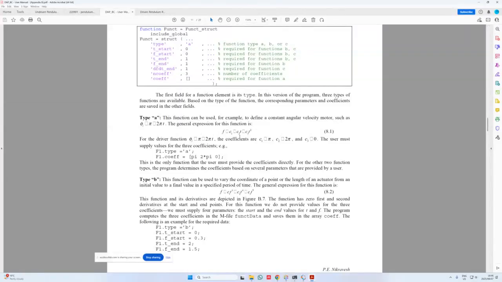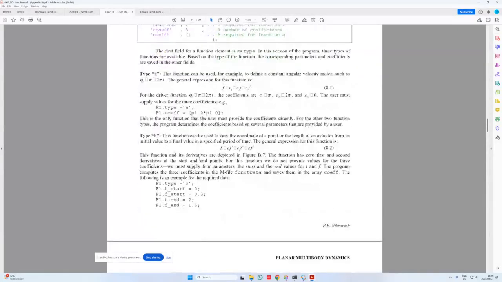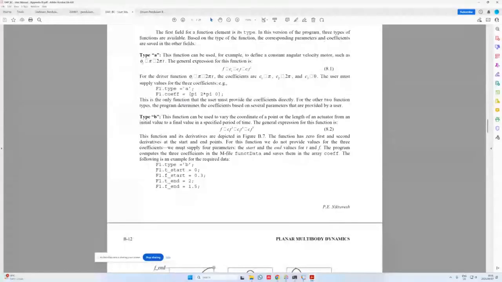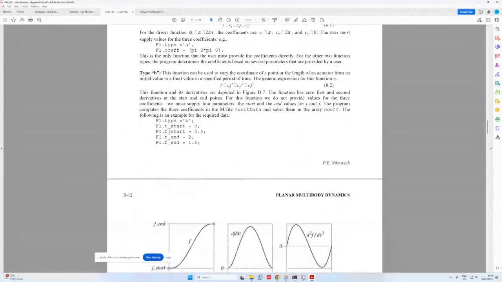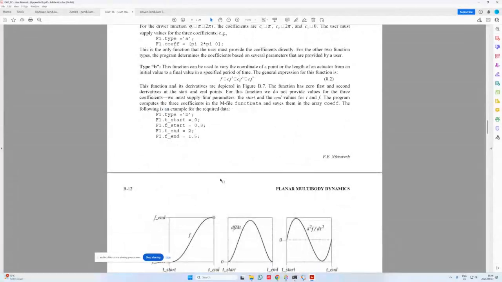So for type A, I have f is equal to c1 plus c2t plus c3t squared. If I specify a function as type A, I simply have to give the coefficients, so the c1, c2, and c3 values in that consecutive order. If I have a type B function, I need to specify t start, f start, t end, and f end.